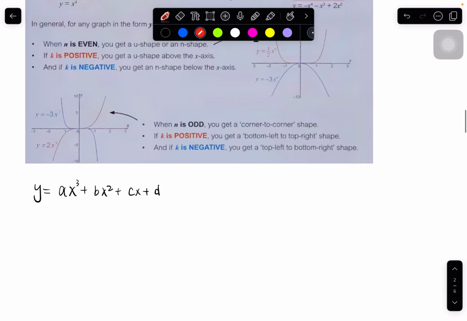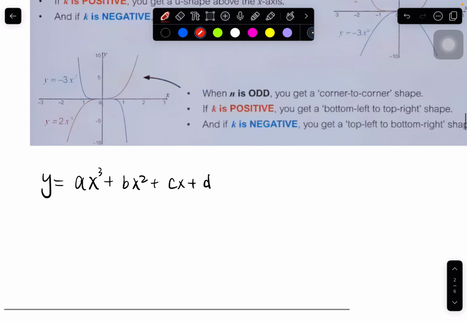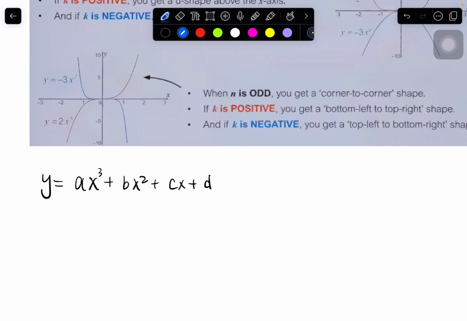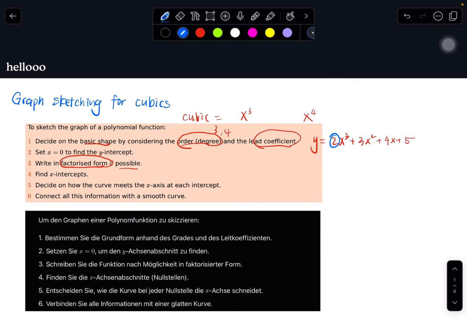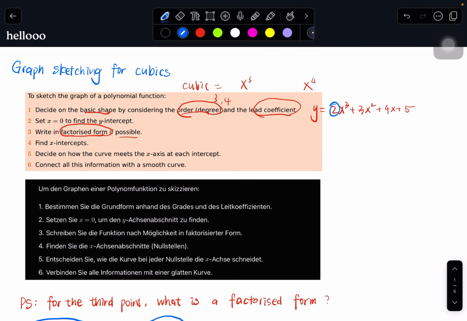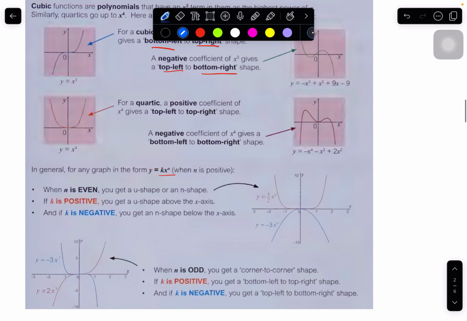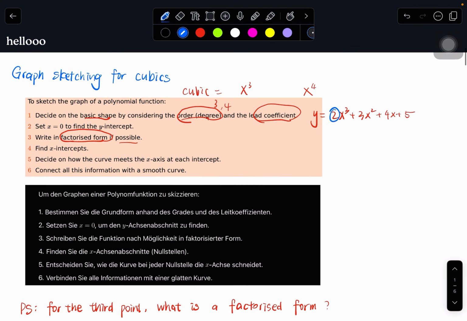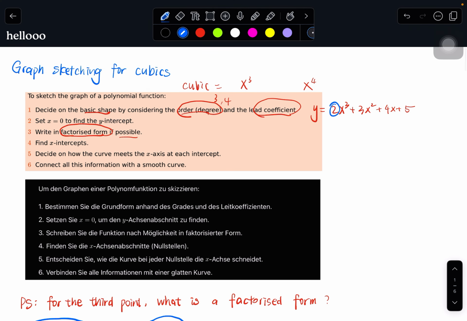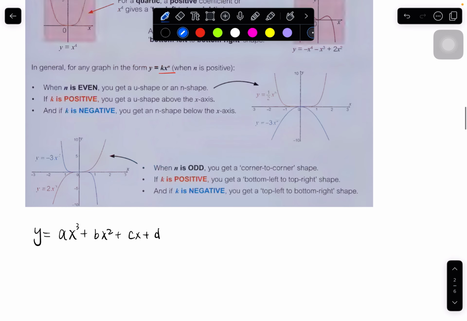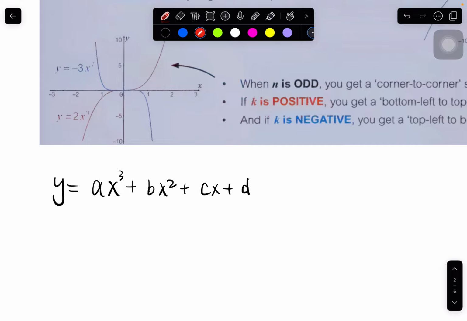As I already defined what a leading coefficient and a highest power are, you can decide the basic shape of a function just by its order and leading coefficient. The order here is 3 for a cubic function, and the leading coefficient is a.